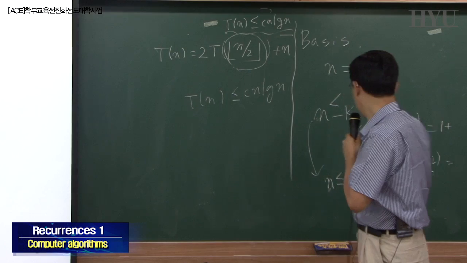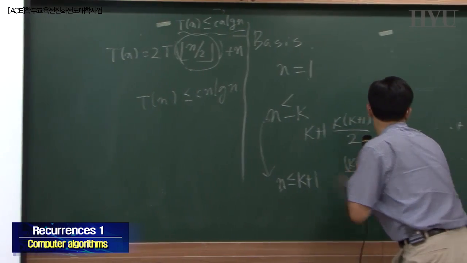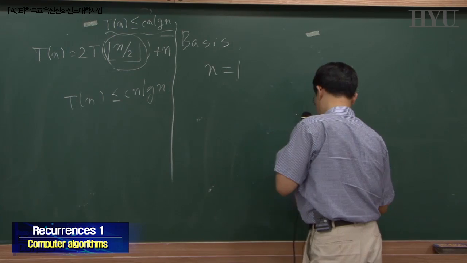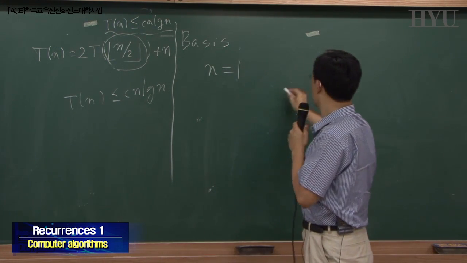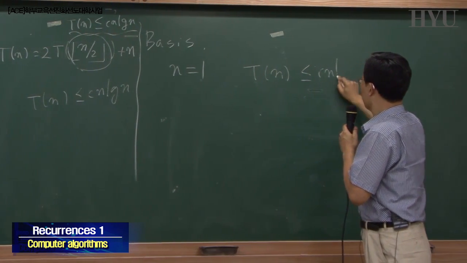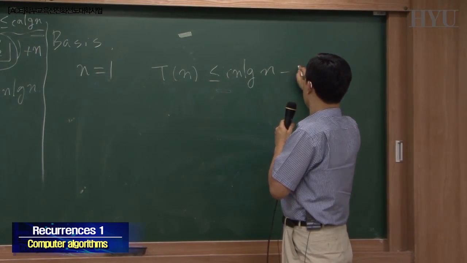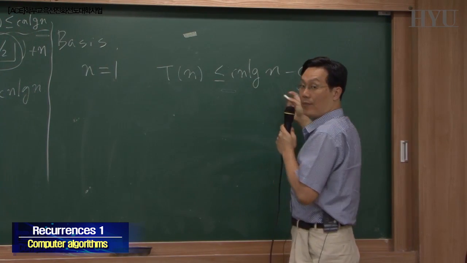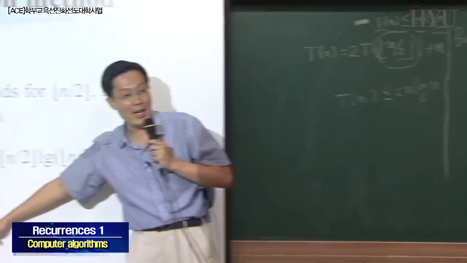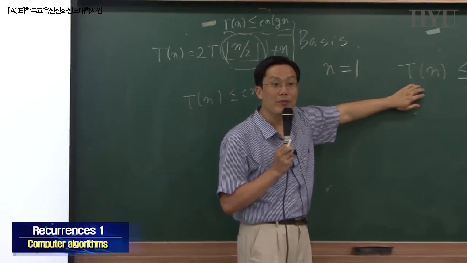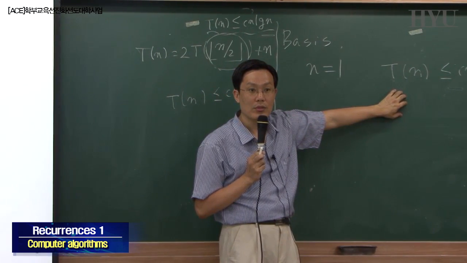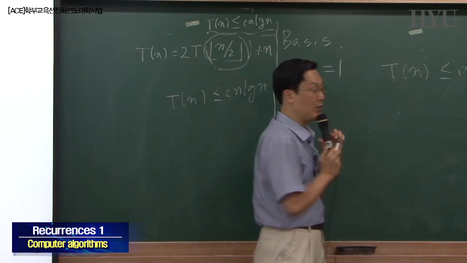So up to here, we have this. Up to this line, we proved this. But what do we have to prove?